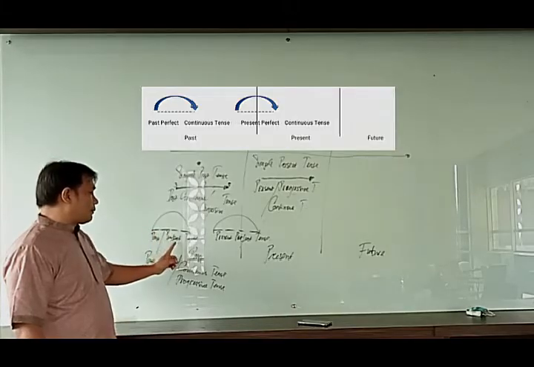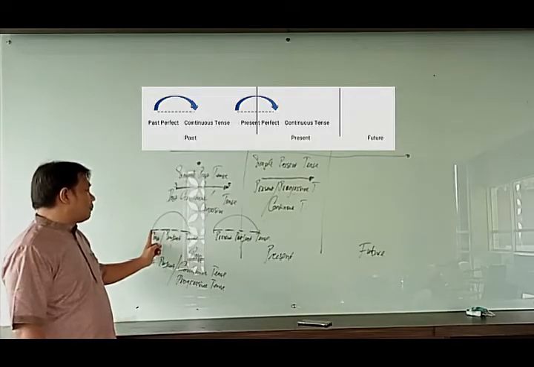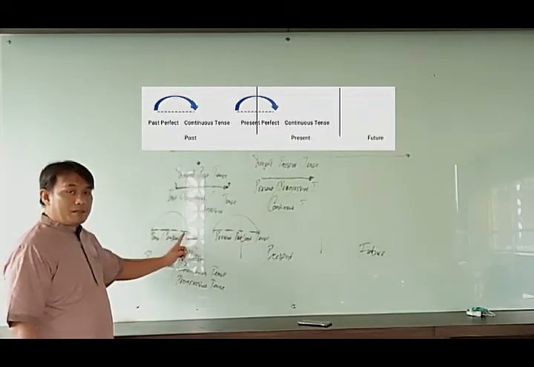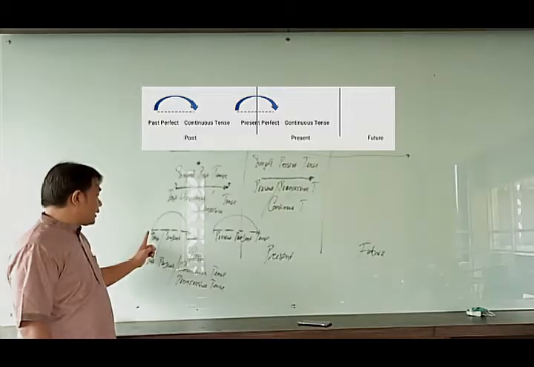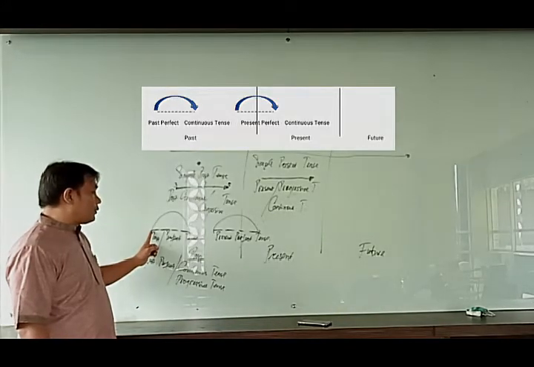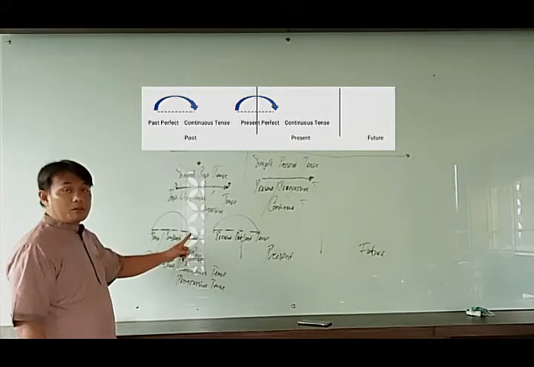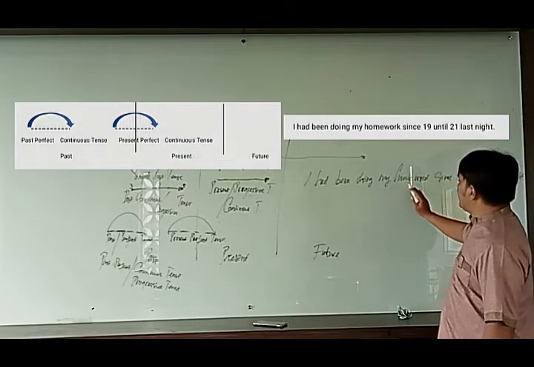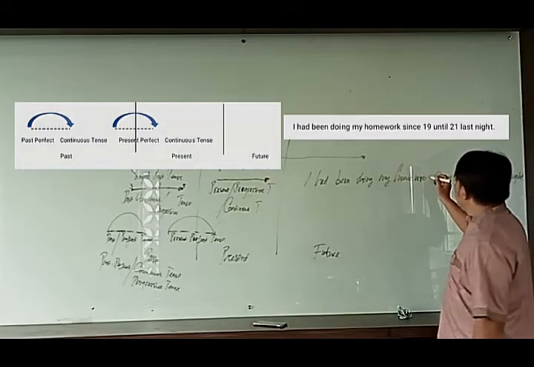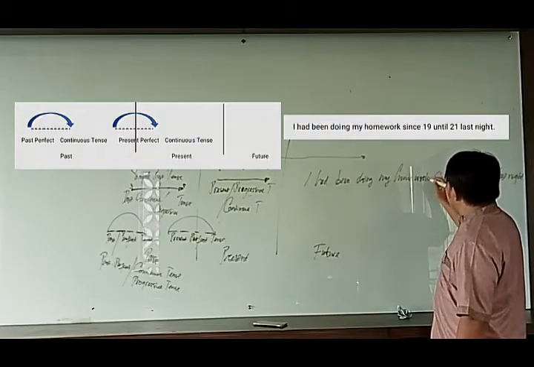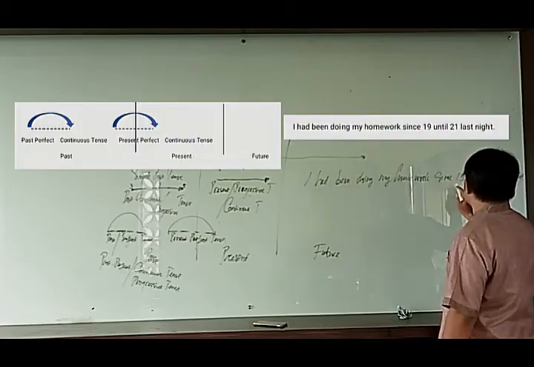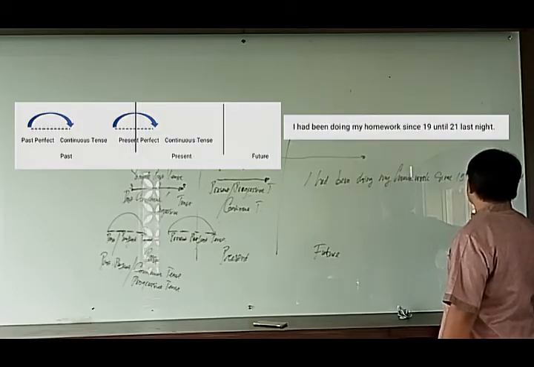Kalau ini ada perfect, kata perfect ini artinya menerangkan durasinya, menerangkan dari kapan sampai kapan. Sama, ini sudah terjadi dari waktu lampau sampai waktu lampau juga. I have been doing my homework since 19 till 20 last night.